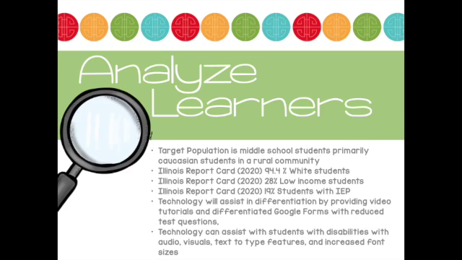Technology will assist in differentiation by providing video tutorials, differentiated Google Forms, and reduced test questions. I use lots of these resources numerous times throughout my curriculum in the year. Google Forms is a great resource.